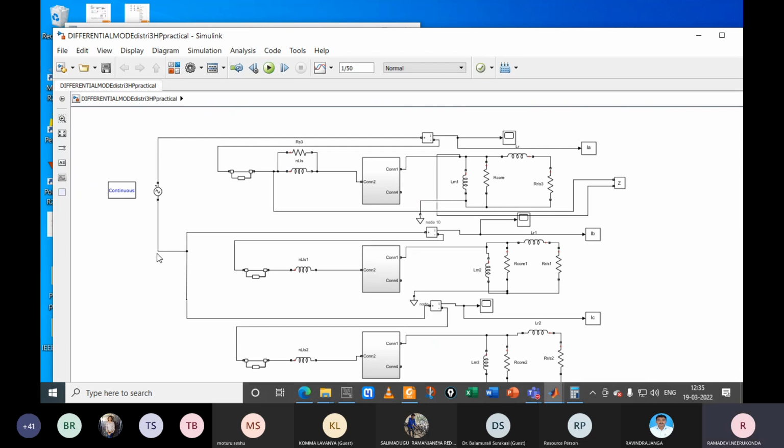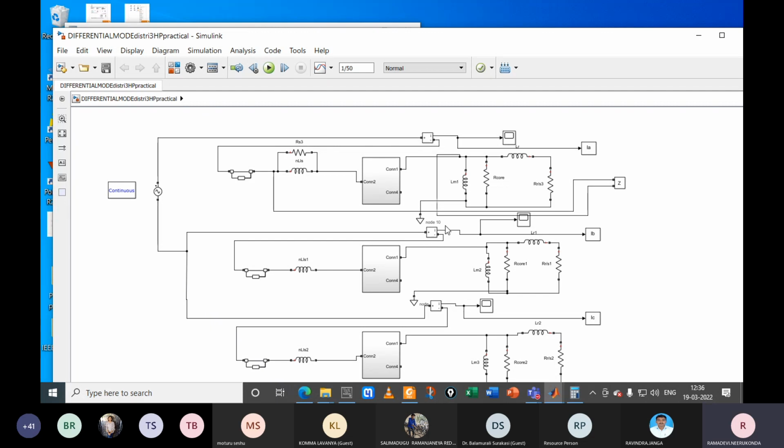We excited it with line-to-line values because the impedance measurement is connected between the terminal of A phase and the tied terminals of B phase. So the B phase tied terminals are connected as one terminal of the measurement, and the other terminal of the impedance measurement is connected to the A phase.